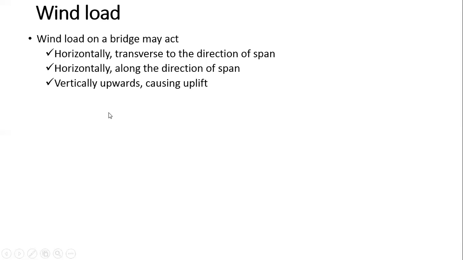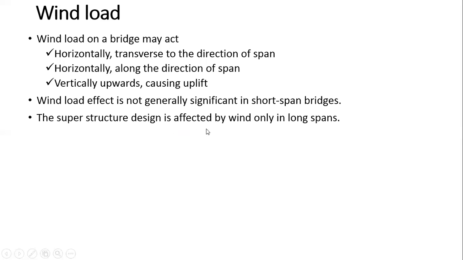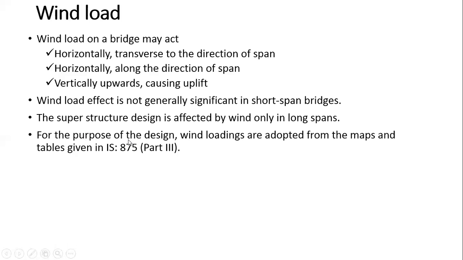The third is upward or uplift force on the track. Wind load is generally not significant in short span bridges. It is only significant in long spans. For the purpose of design, wind loadings are adopted from maps and tables given in IS 875 part 3. For wind load, just consult this code.